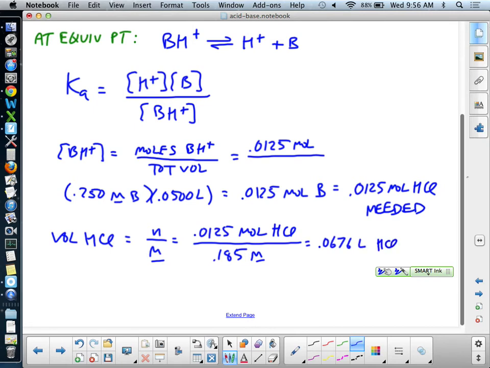So now I can say that my total volume is the 0.0500 liters of pyridine solution I began with, plus the 0.0676 liters of acid solution required to titrate it, which gives me a concentration of 0.106 molar BH plus.